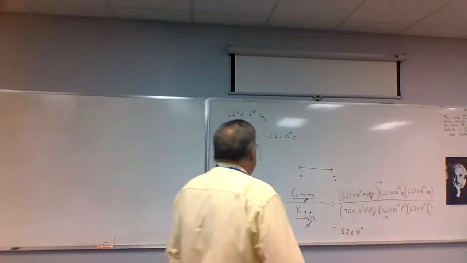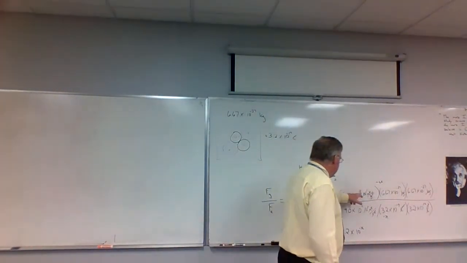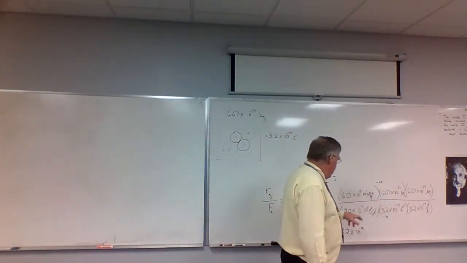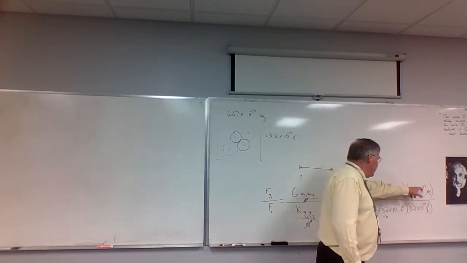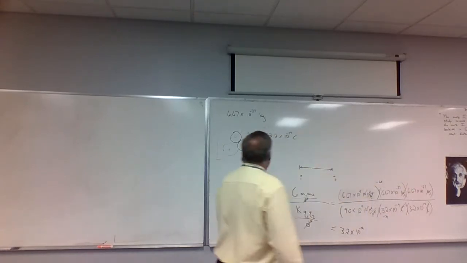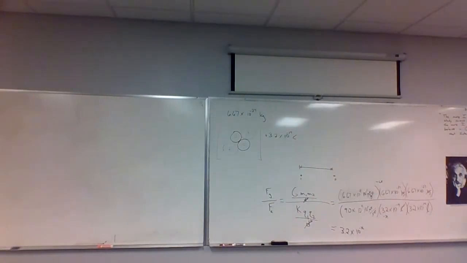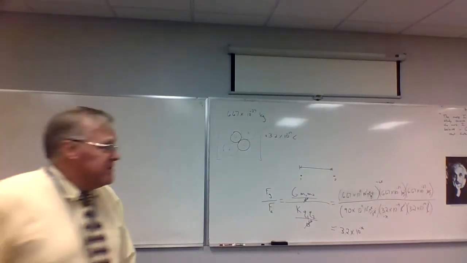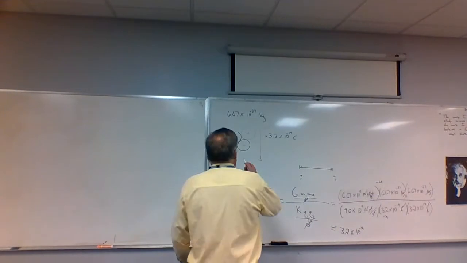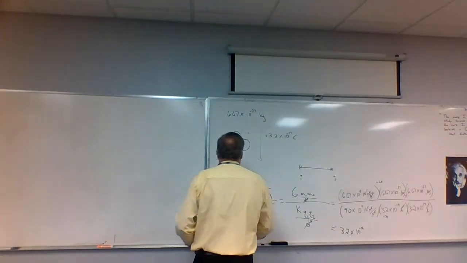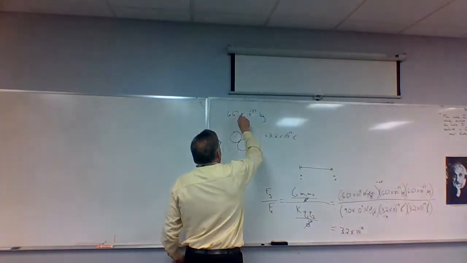All right, I've got 10 to the minus 11, 10 to the minus 27 and 10 to the minus 27. That's right. Did I do that right? Yeah, that's right. Oh, there's a 6.68. I see the mass number should have been an 8.